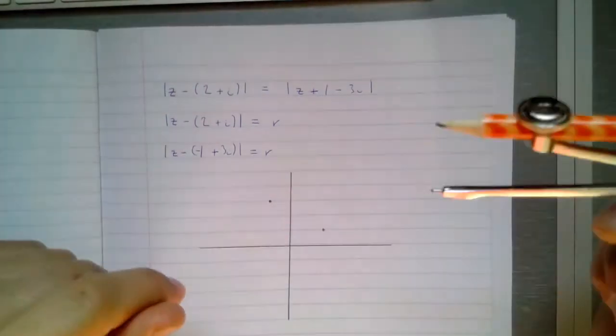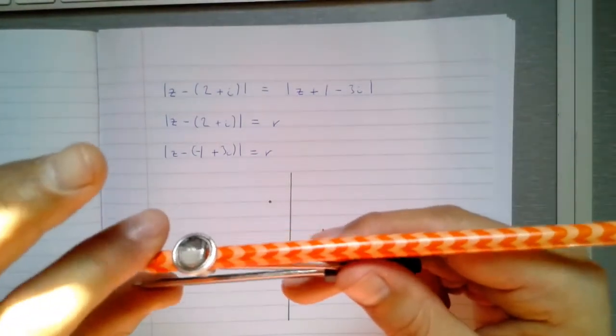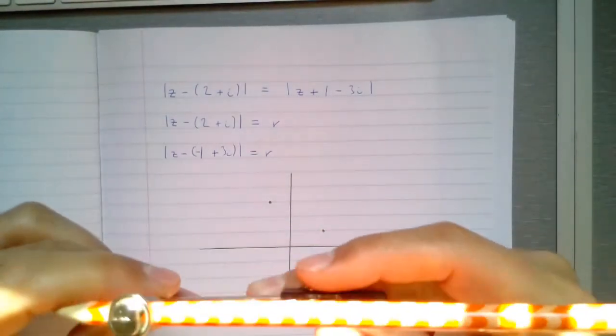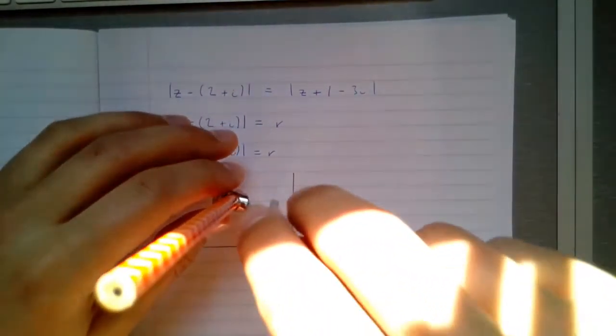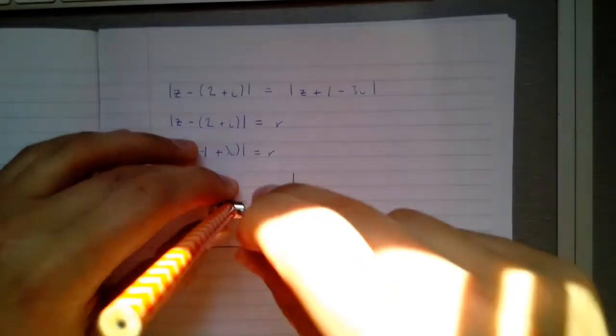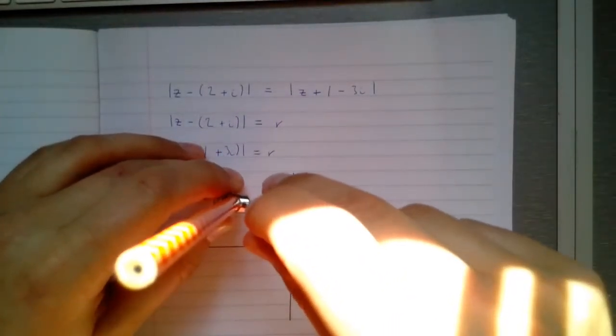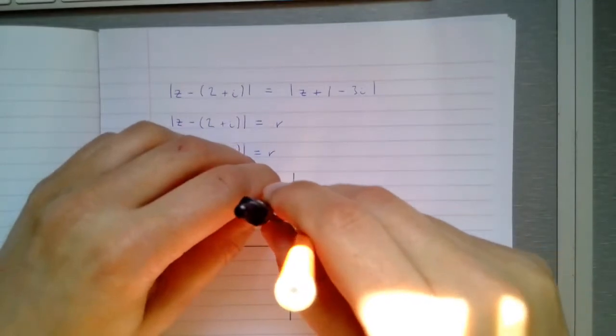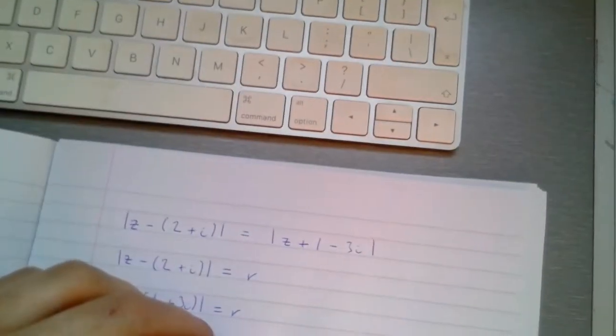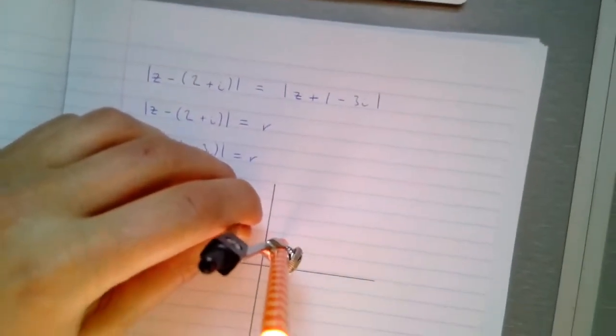Now I don't know how big r is, so I'm not really sure how big to set my compass to. So this is going to go over some of my work probably. Let's set it slightly bigger than half the distance between them.